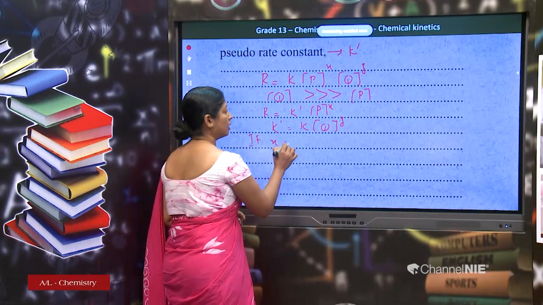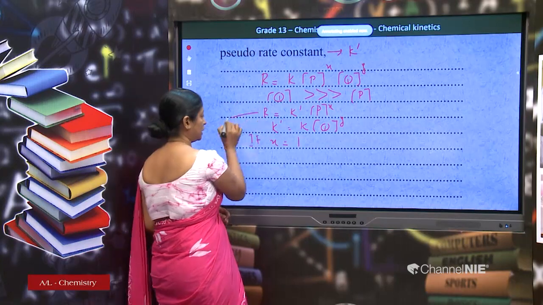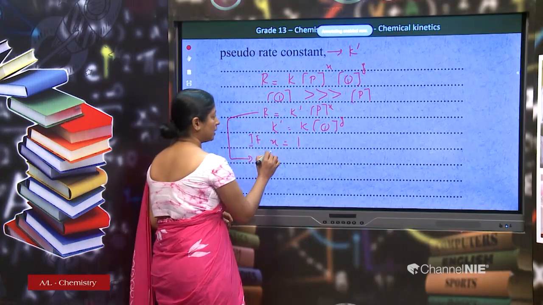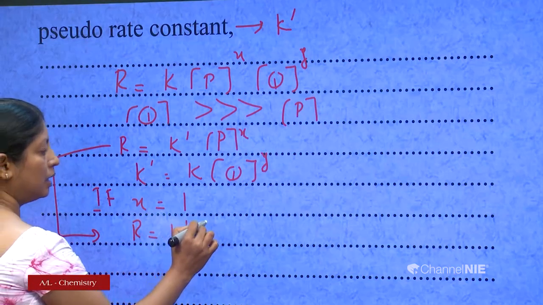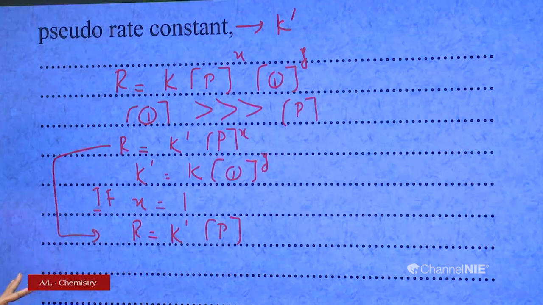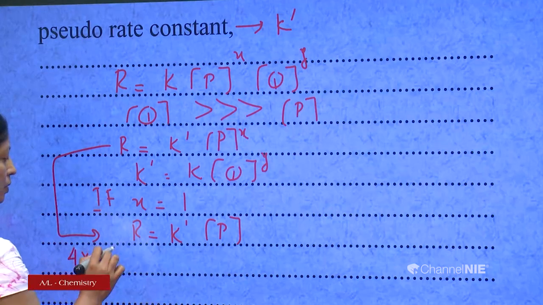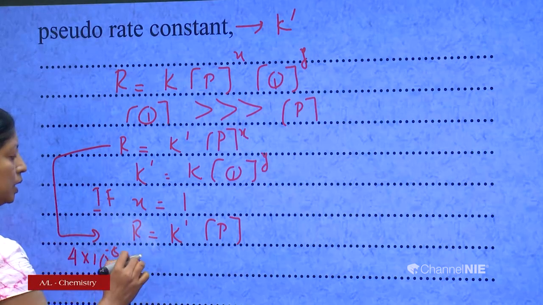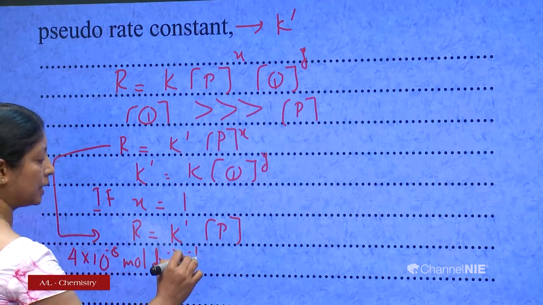Now let us say x is equal to 1. If x is equal to 1, what will happen to the rate expression? I can rearrange this like this: R equals K dash [P]. We are provided with the reaction rate, which was given as 4 into 10 to the power minus 5. What is the unit? Mole per decimeter cube per second.